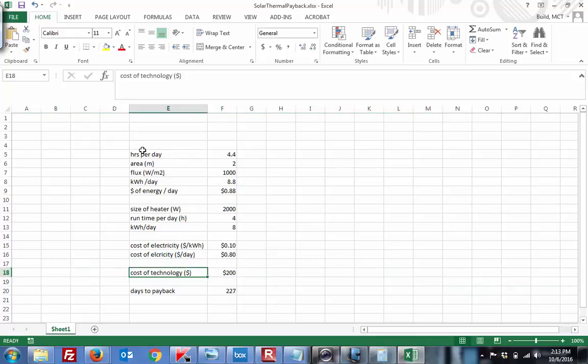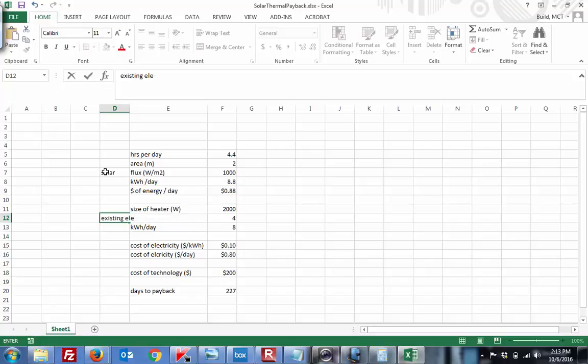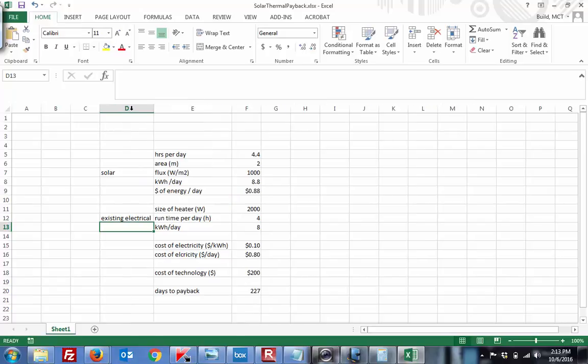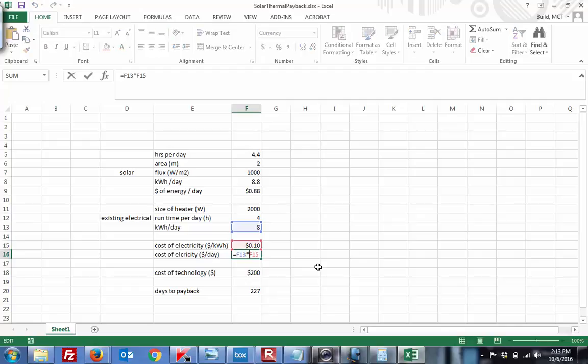So here's the solar portion up top. This is the existing electrical. Here's solar again, existing electrical. This is the cost of electricity, 10 cents per kilowatt hour. So all I'm doing is looking at your current cost.